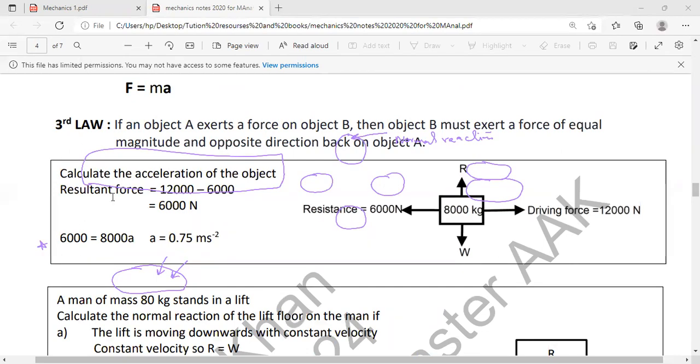Here we apply that the resultant force is equal to 12,000 minus 6,000. What is the driving force? With the help of the driving force this object moves. Let's suppose a car is moving with 12,000 newton force. In the opposite direction you have resistance. It can be air resistance or friction. Total resistance is 6,000. So first we will find the resultant force, 12,000 minus 6,000, so 6,000 is the force that is basically acting on it. Okay, sir.